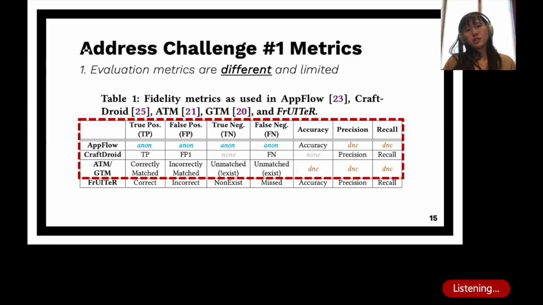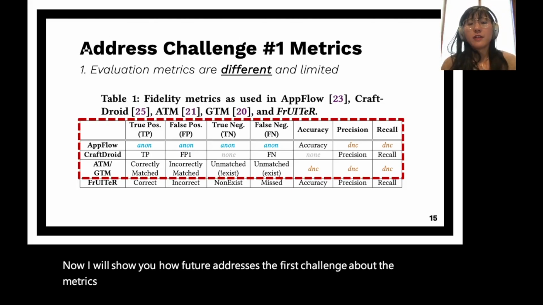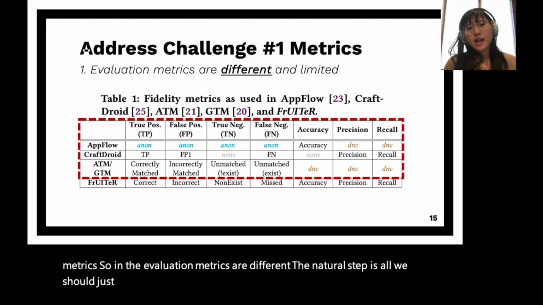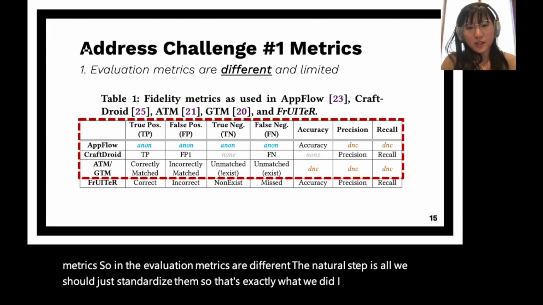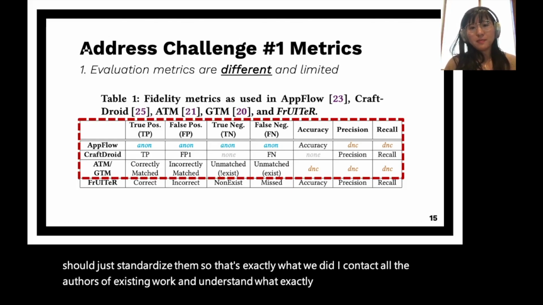Now I will show you how FrUITeR addresses the first challenge about the metrics. If the evaluation metrics are different, the natural step is, oh, we should just standardize them. That's exactly what we did. I contacted all the authors of existing work to understand what exactly those metrics mean when they evaluated their techniques.